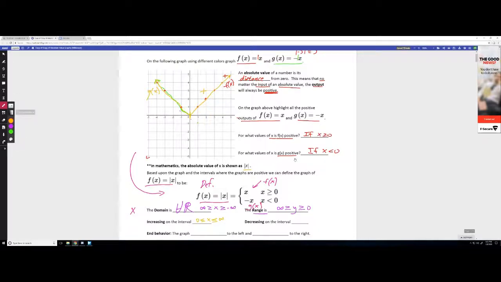All right. Now, if we talk about the decreasing on the interval, if we notice on the other side, g of x had the negative slope, remember? So it is actually decreasing on that interval. What interval is that? Basically anything that's less than 0. So again, x is going to be less than 0, but it's also going to be greater or equal to negative infinity.